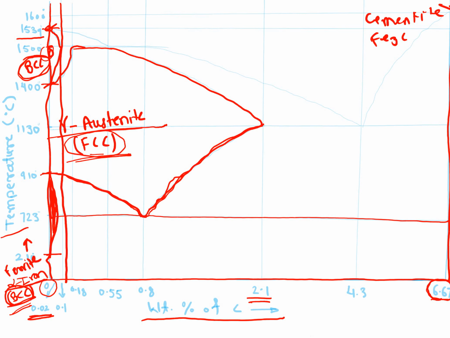That's why a little more carbon gets dissolved into the iron. As I told you earlier, for the pure form of iron, this is the melting point. That means above this line there will be a liquid region.